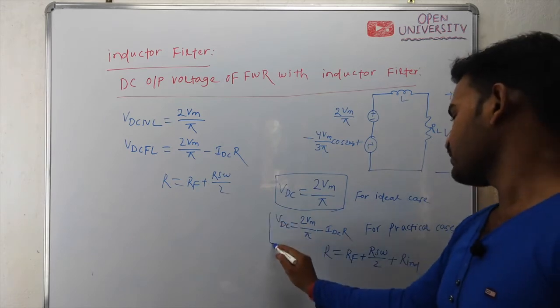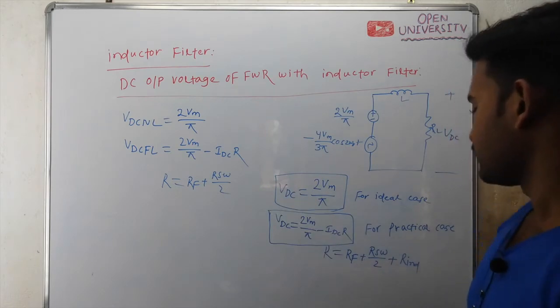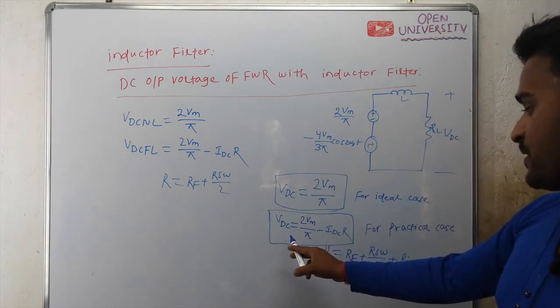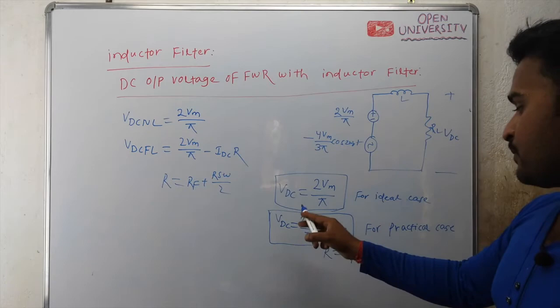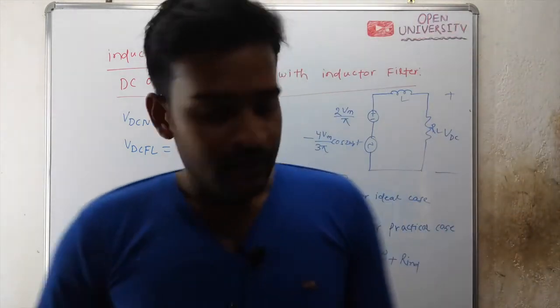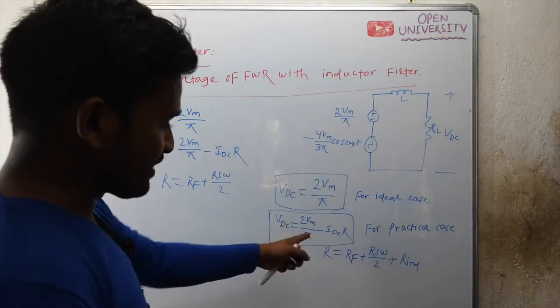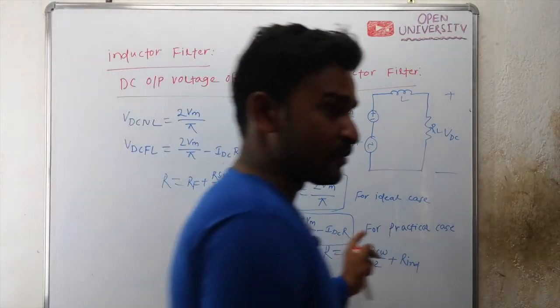This is the DC output voltage of your center tap full wave rectifier with inductor filter. The same formula you can use for the bridge rectifier also.